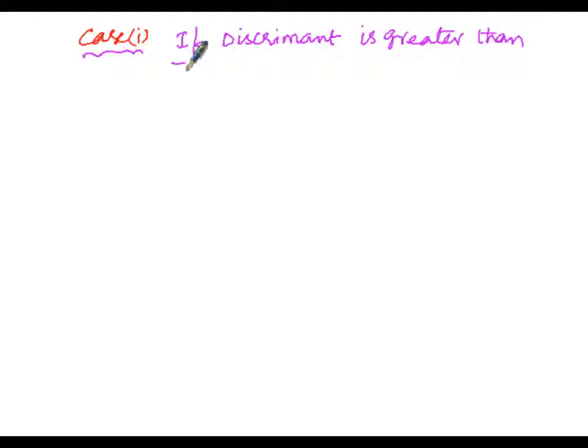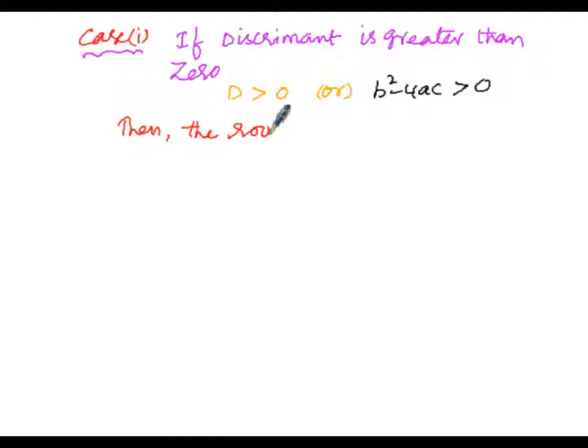In case the discriminant is greater than 0, or in the mathematical form, D greater than 0, that is b square minus 4ac is greater than 0, then the roots are real and distinct.